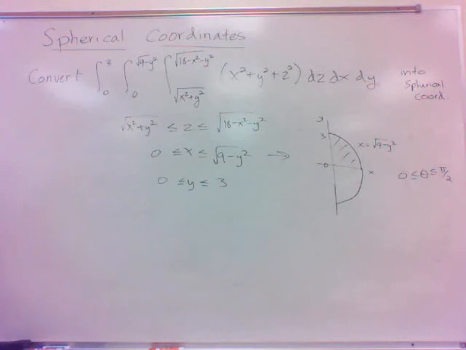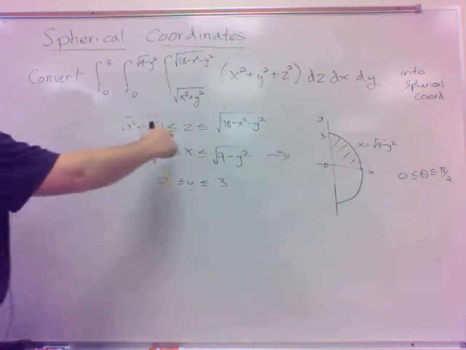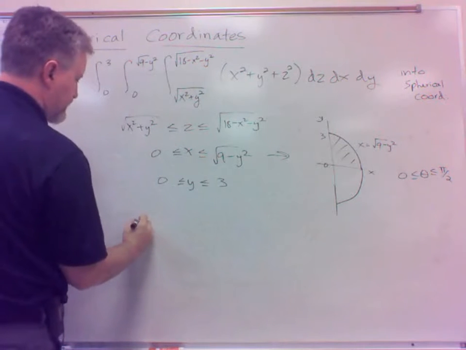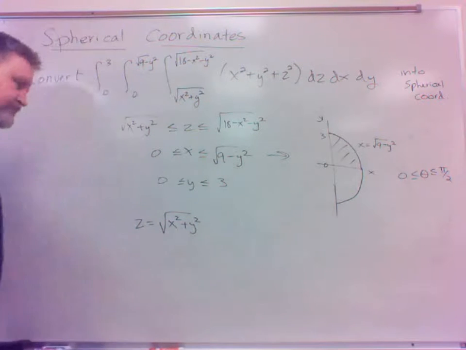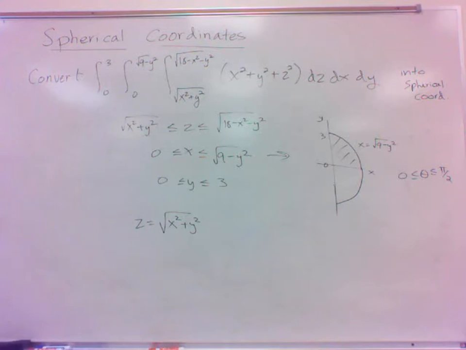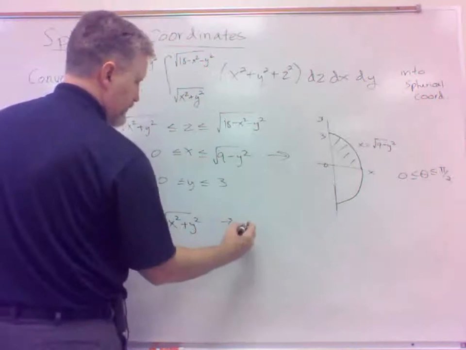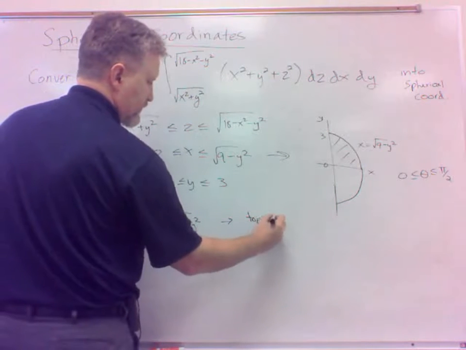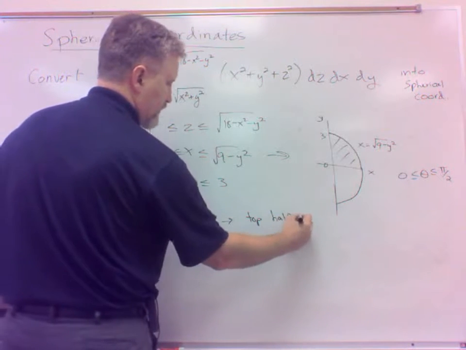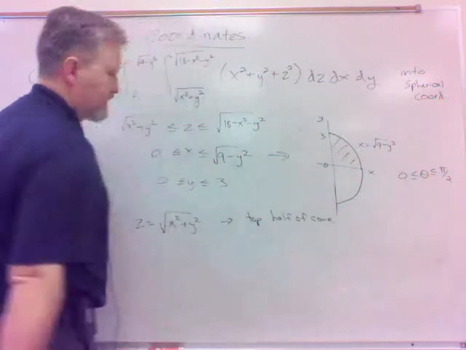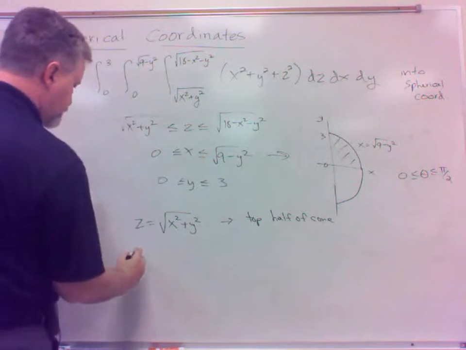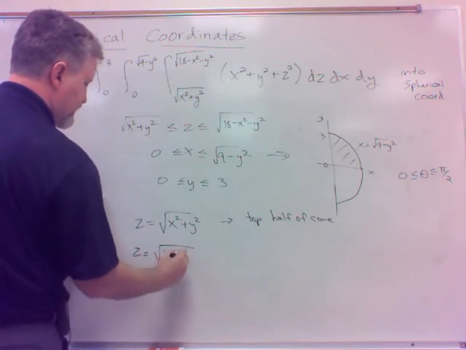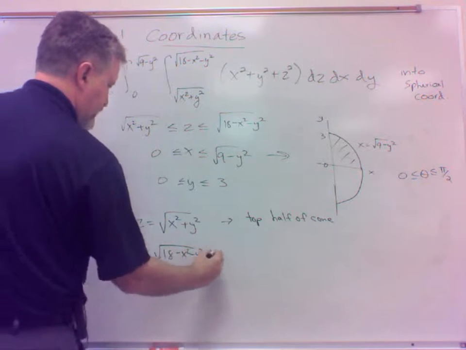Okay? All right, now, if we look at z, the lower bound of z is the square root of x squared plus y squared. That tells me we're talking about the top half of a cone. So recognize that. And then the upper bound, z equals the square root of 18 minus x squared minus y squared. What about that?